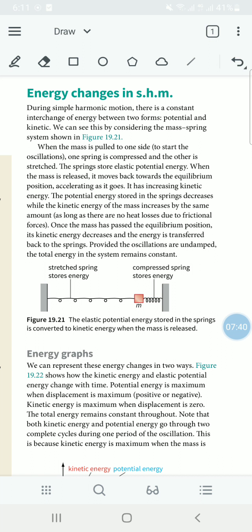When it is released, this stored potential energy converts to kinetic energy as the object accelerates towards the equilibrium position.